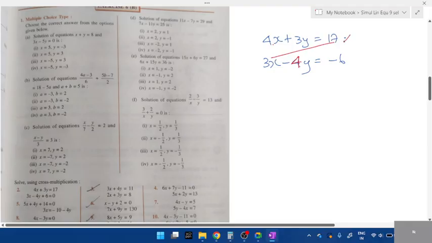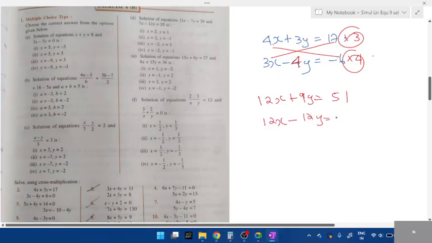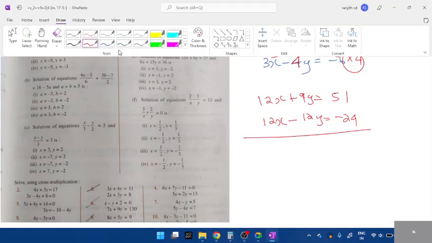You can directly multiply coefficient into 3 and here into 4. So 12x plus 9y is equal to 51. And here you get 12x minus 12y is equal to minus 24. Change the sign.